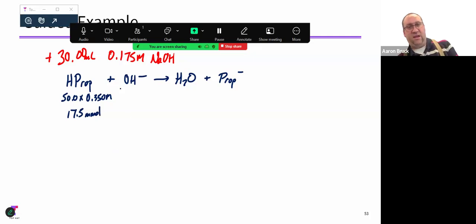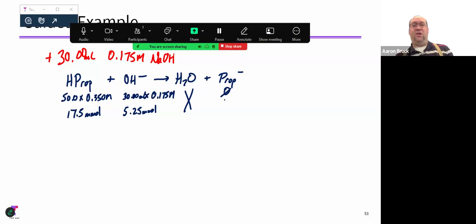For the hydroxide, 30 milliliters times 0.175 molar is 5.25 millimoles. And we're starting initially with no conjugate base.